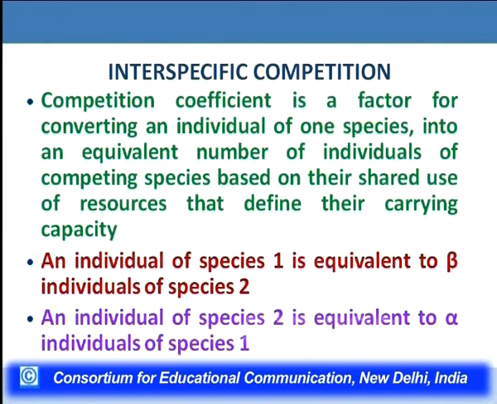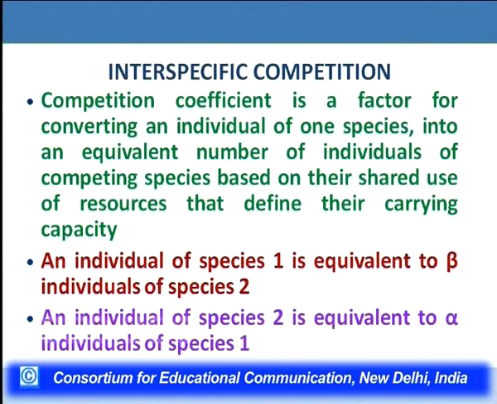Now this competition coefficient, if we try to define it, is a factor for converting an individual of one species into an equivalent number of individuals of the competing species based on their shared use of the resources, which define the carrying capacity. For example, an individual of species 1 is equivalent to beta individuals of species 2, and an individual of species 2 is equivalent to alpha individuals of species 1.